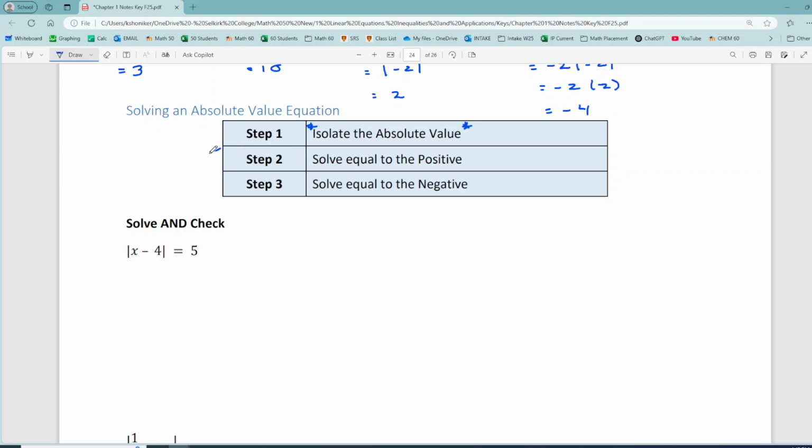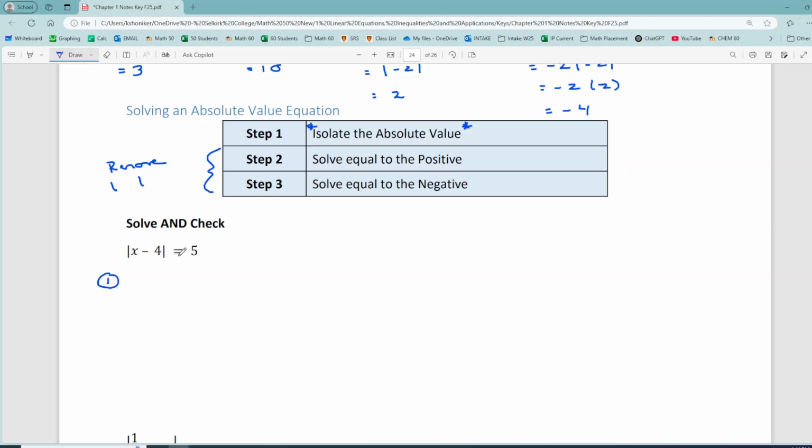Step number 2 and 3 are both done to remove the absolute value brackets. Because if you look at an equation like this, these absolute value brackets perform an operation. They make whatever's inside them positive, so they do something. So to undo the absolute value, you have to solve it twice.